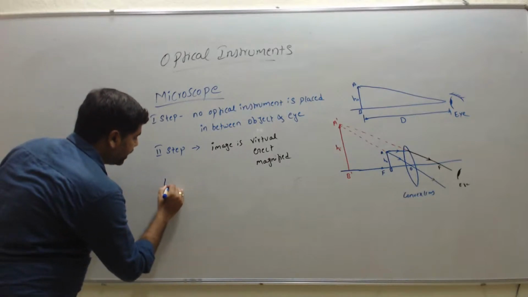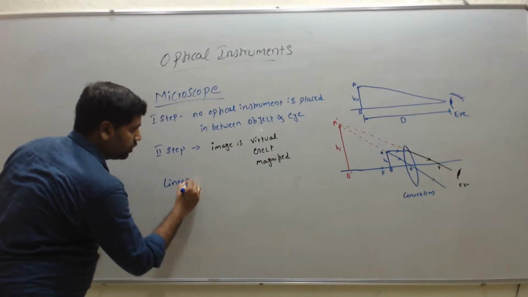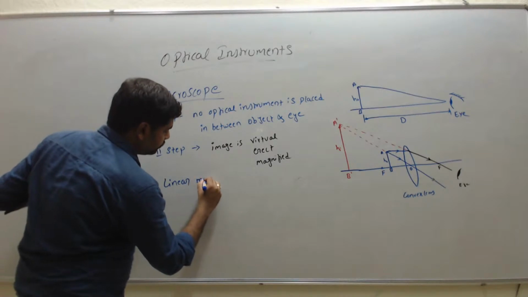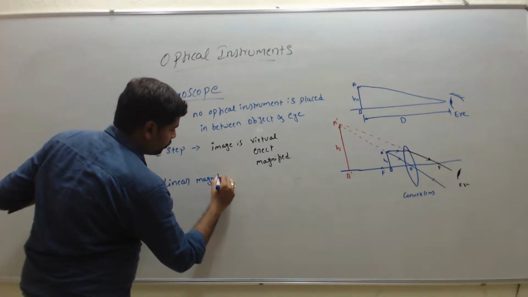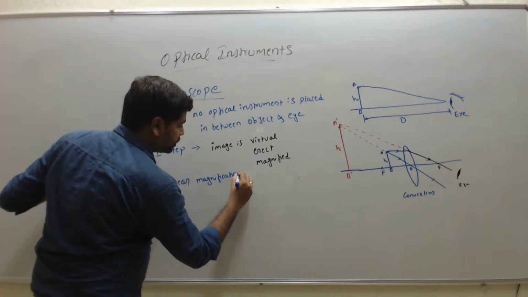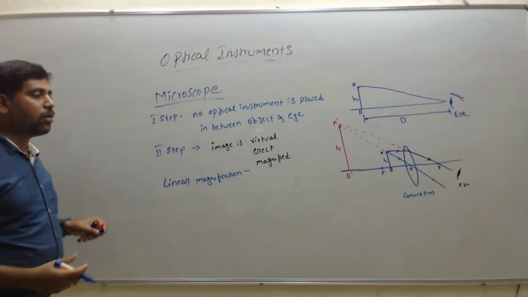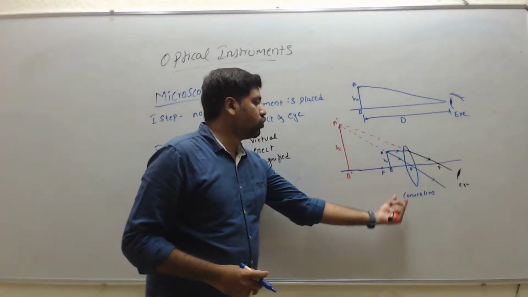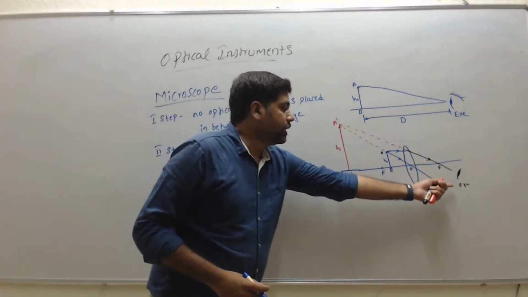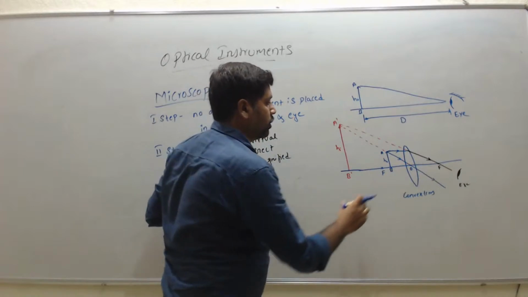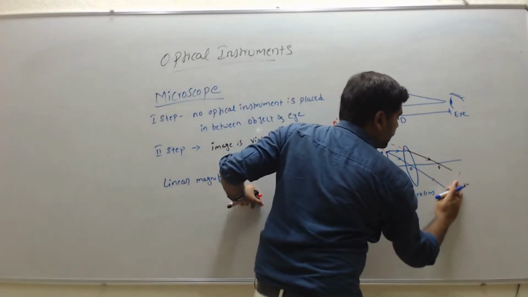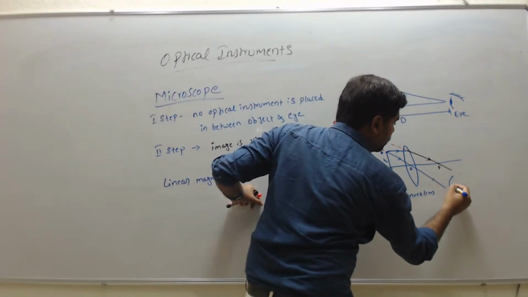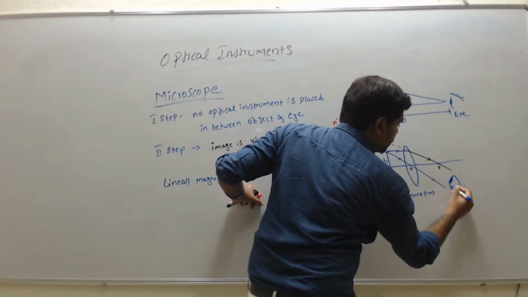That is linear magnification. Here we have two cases. That is, the image is obtained nearer to the eye, that is, from here we are observing the image of the object.